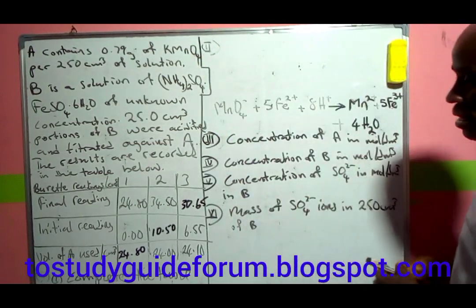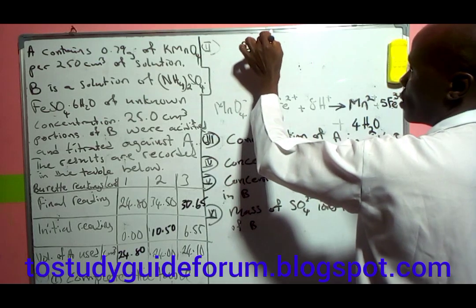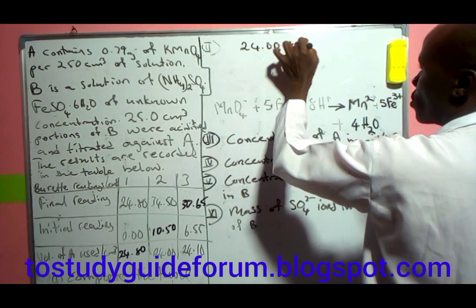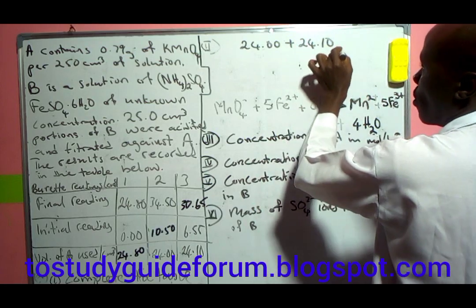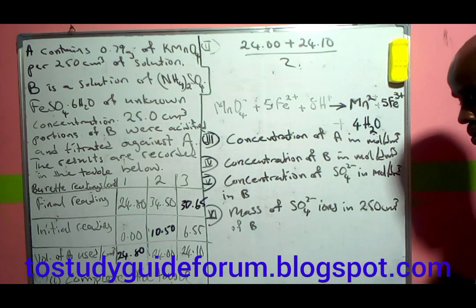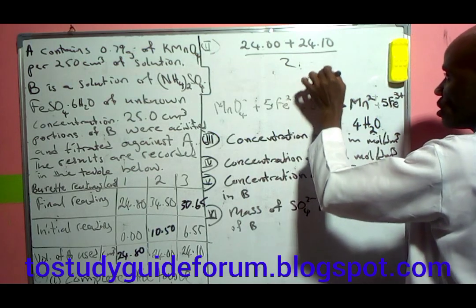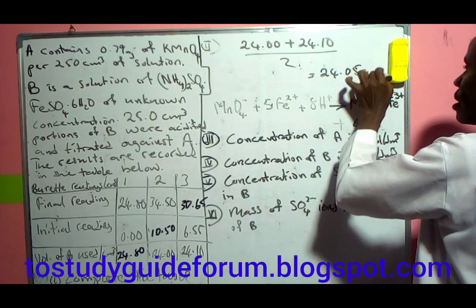So the average volume will be 24.00 plus 24.10 all over 2. When we divide it through, what we have will be 24.05 cm cube.